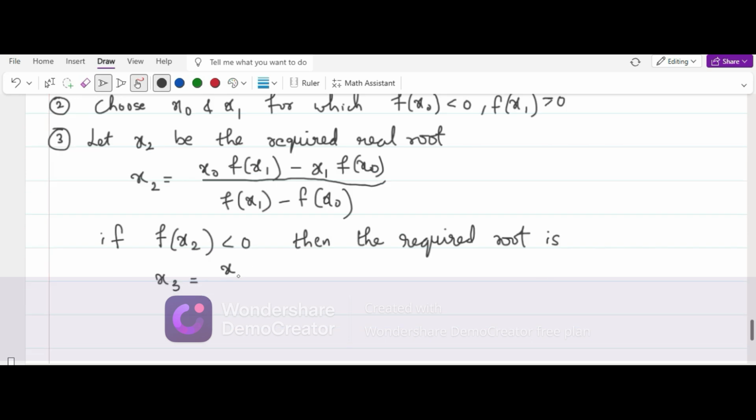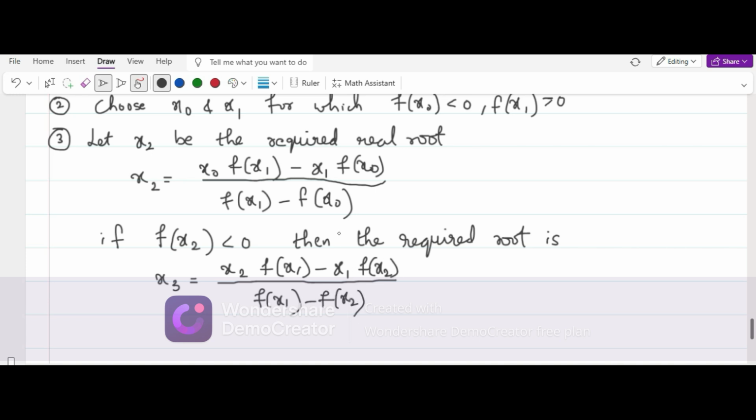In the same manner, x3 equals x2 into f of x1 minus x1 into f of x2, whole divided by f of x1 minus f of x2.